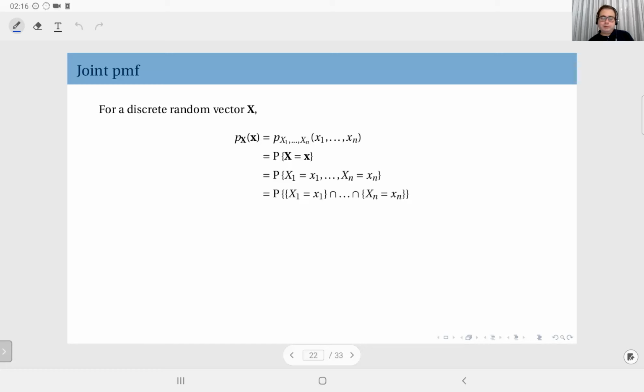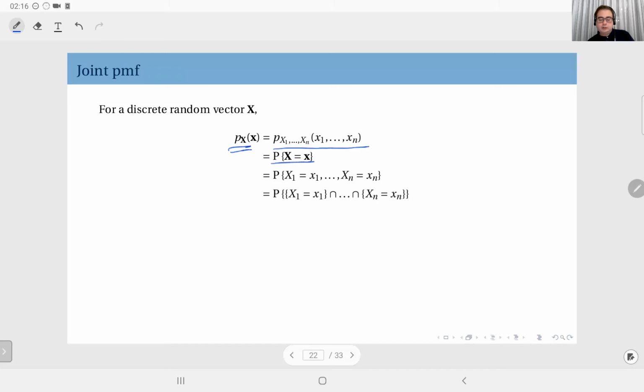And the joint PMF is defined in case you have a discrete random vector where all components are discrete random variables.